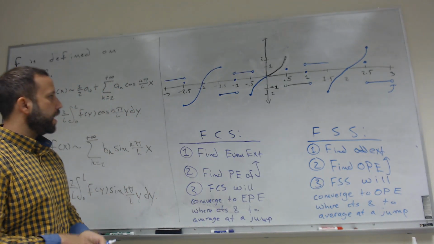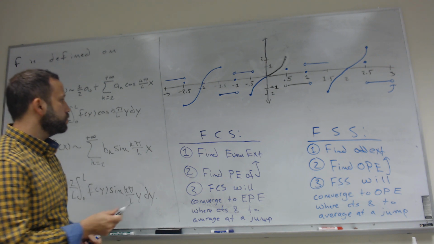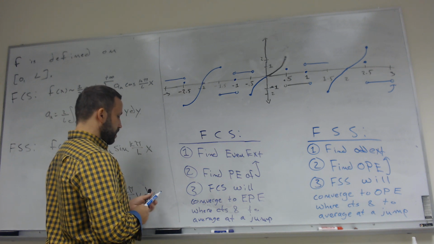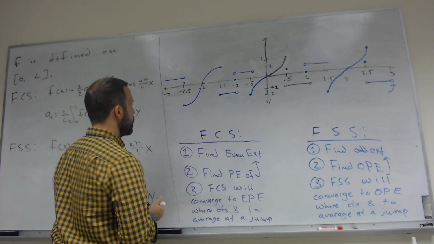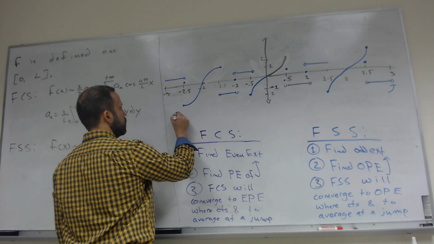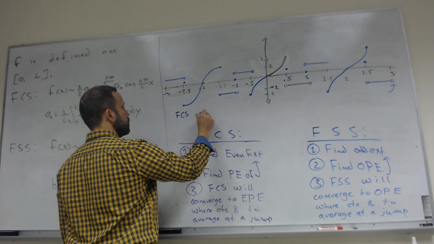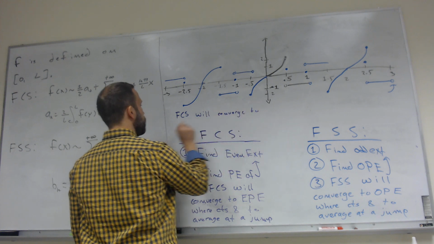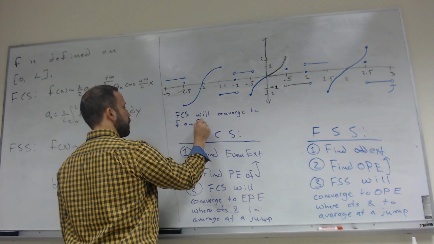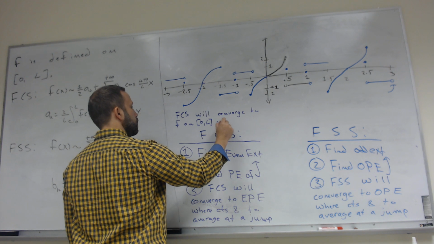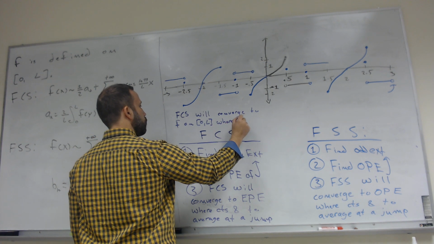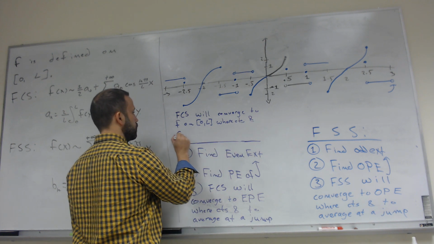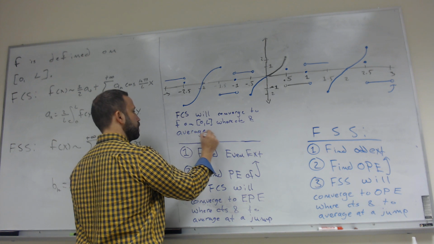Okay, so for the Fourier cosine series, if I just want to look at 0 to L and state a theorem just from 0 to L, the Fourier cosine series will converge to f on 0 to L where f is continuous, and to the average otherwise.